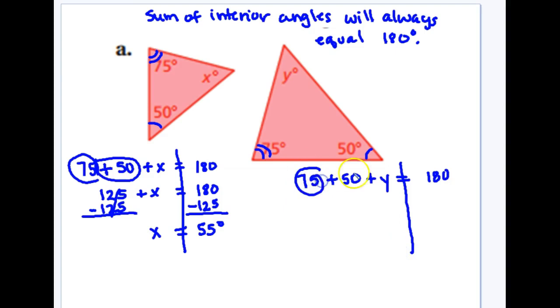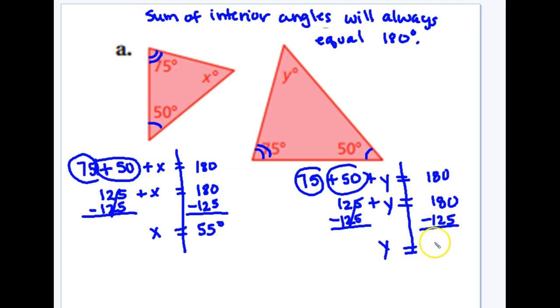So 75 plus 50 gives me 125 plus y is equal to 180. I'm going to add the opposite, so I'm going to subtract 125 from both sides. So y is going to equal 55. So is y equal to x? They're both 55 degrees. So yes, that is true.